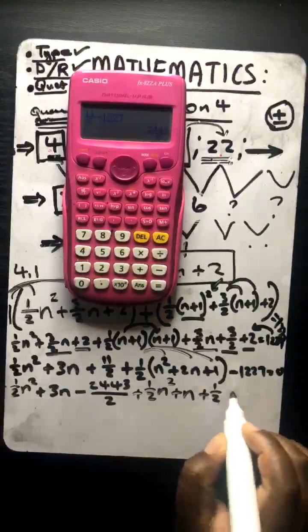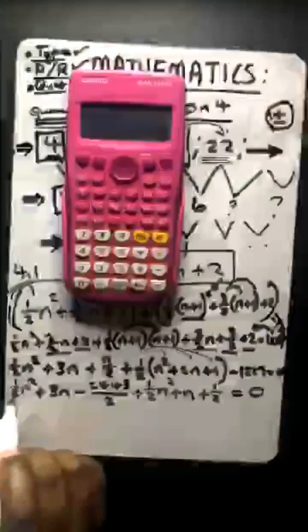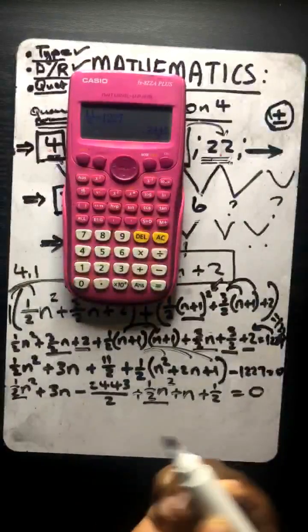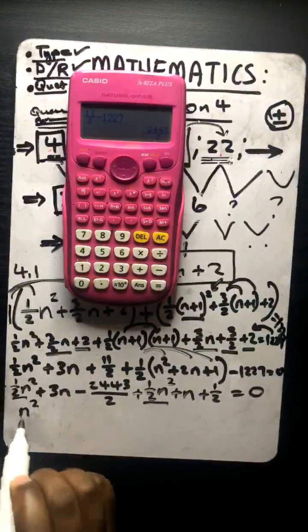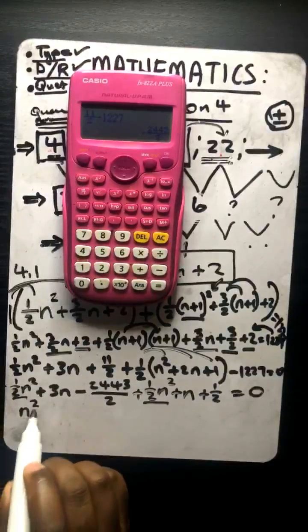Because anything that you multiply by 1 is that anything. So let's try to further simplify this if it can be simplified. So can you guys see that you have half n squared plus half n squared? It's more like half plus half is 1. So that is why I'm having n squared there.